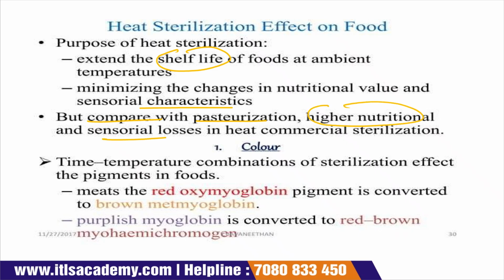Okay, first we talk about the color of the food product. When the time-temperature combination of sterilization affects the pigment of the food product, like in meat, it affects the red oxymyoglobin pigment, which is converted into brown myoglobin when high temperature is applied. Now, purplish myoglobin is also converted into red-brown myohemochromogen.